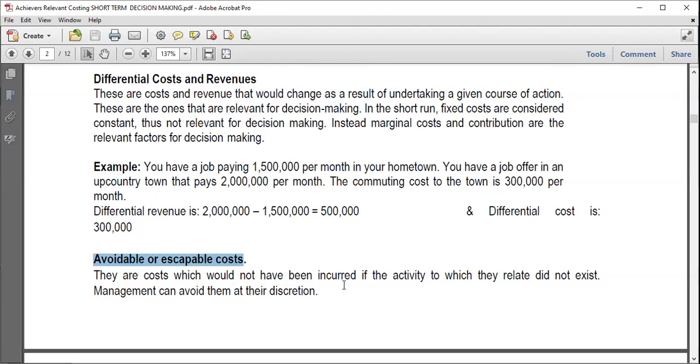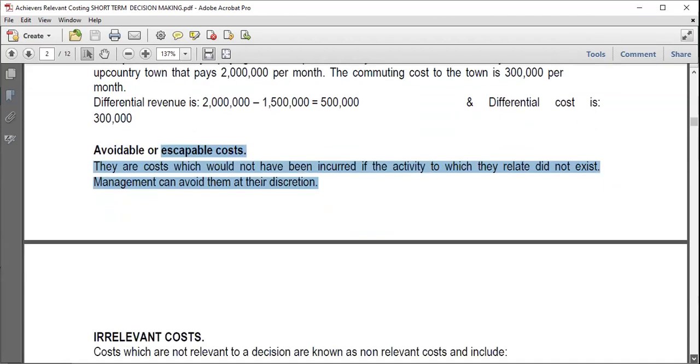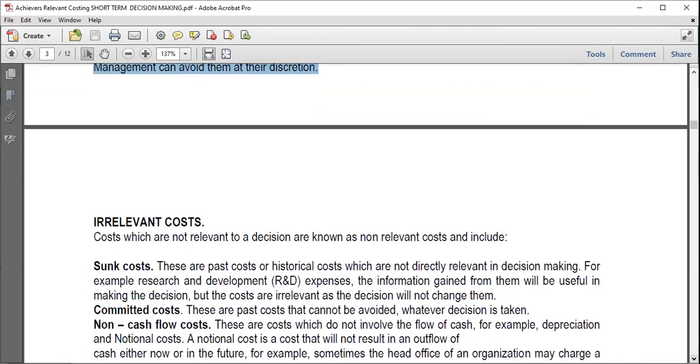If you already have a warehouse, or you already have staff that you're paying, and those staff costs are not avoidable by this decision, and you're going to incur them even if you take the decision or not, then those costs will definitely not be relevant. You get it? So very good for us to have that in mind.